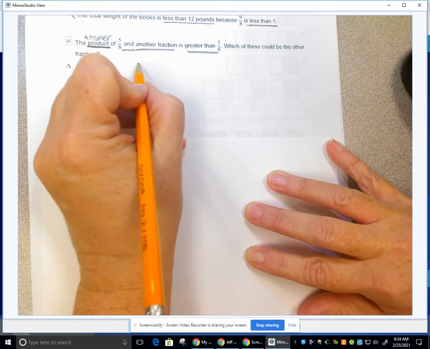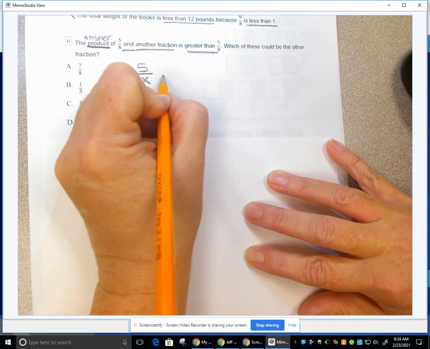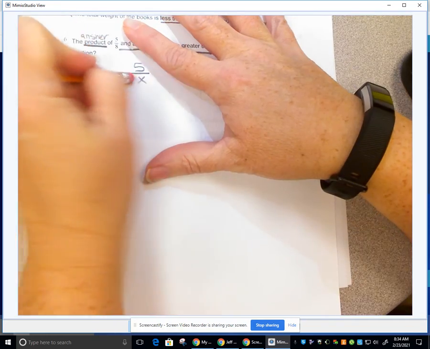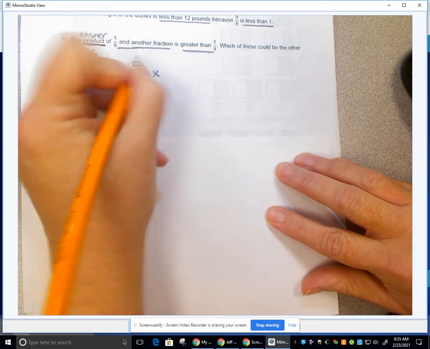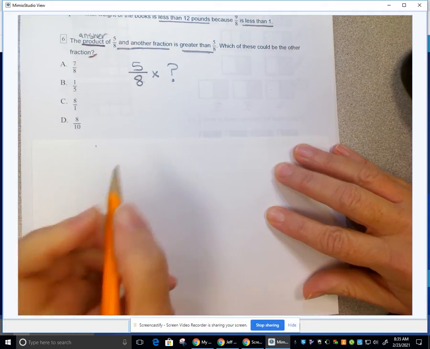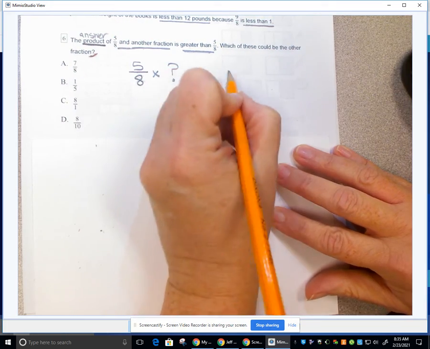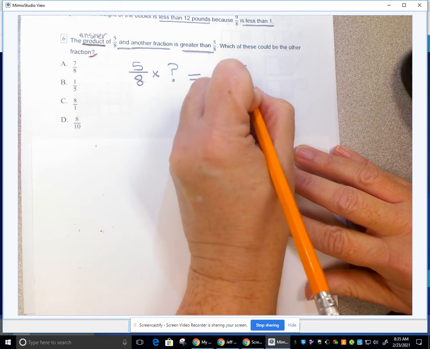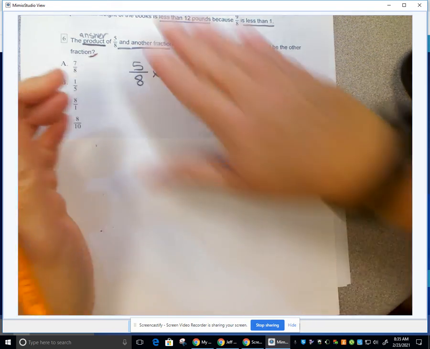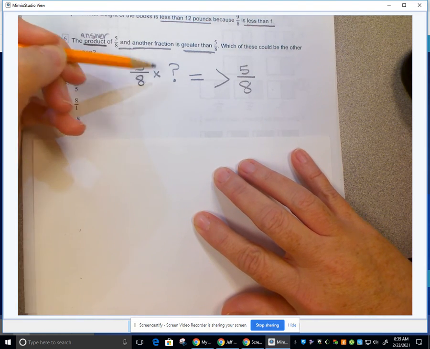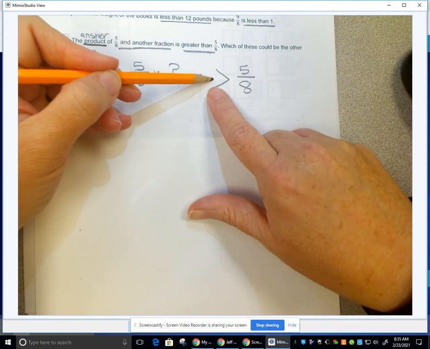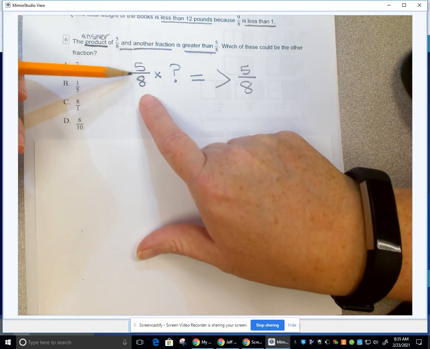So that means when I multiply 5/8, excuse me, I didn't mean to put an X there. I'm getting ahead of myself. When I multiply 5/8 times some fraction, they're telling me my answer is going to be greater than 5/8. So what could I multiply 5/8 by to get an answer greater than 5/8?